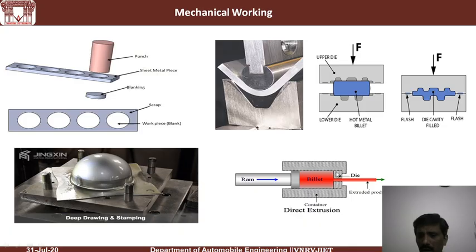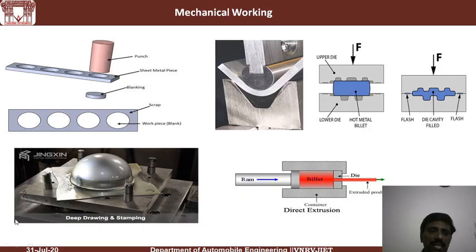Before the mechanical working process, the shape is a cylinder of larger dimension, but after extrusion you get small rods. So one classification of metalworking is bulk manufacturing or bulk plastic deformation process, where we just change the shape from one form to another form.